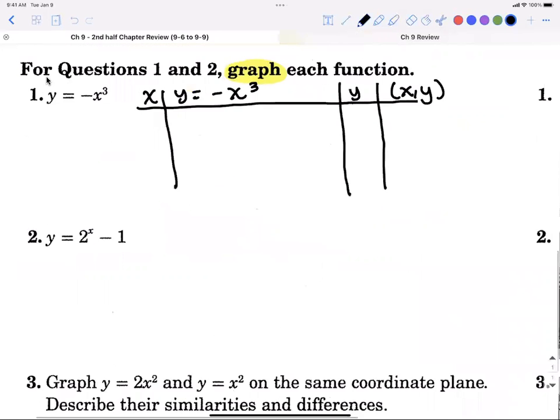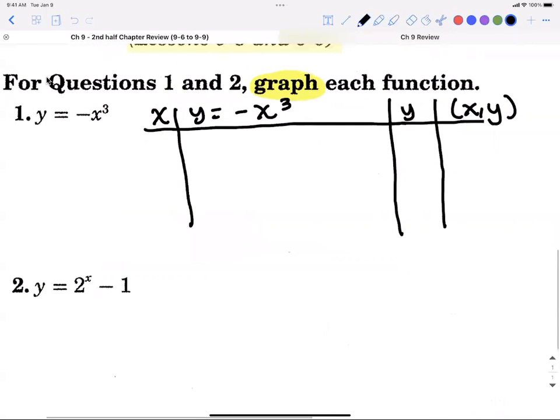All right, so I'm going to blow this up for a minute. We know that if it is a cubic or a quadratic, what numbers do we use? Anybody remember? -2, -1, 0, 1, and 2. Now, what I want to point out here is this negative is really saying -1 times x cubed. So when you're doing PEMDAS, make sure that you do y equals -1 times -2 cubed.